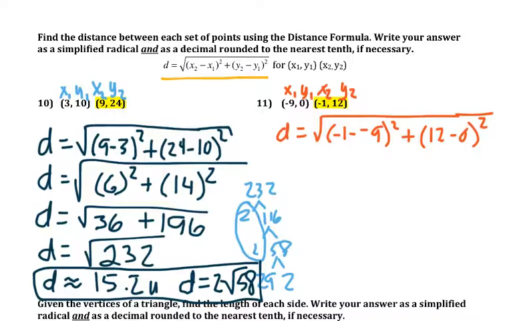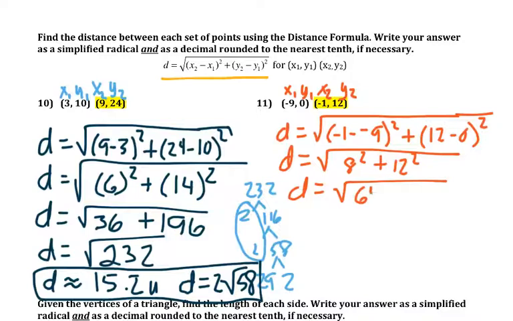So simplifying inside the parentheses, we find that the distance is equal to the square root of 8 squared plus 12 squared. So the distance is equal to 64 plus 144. Adding those together, we get that the distance is the square root of 208.